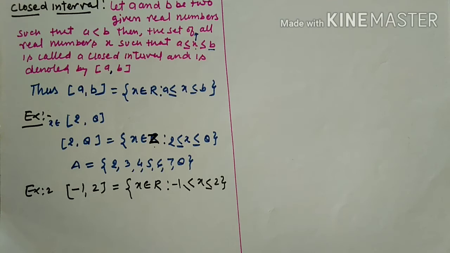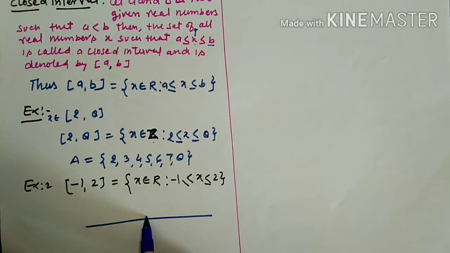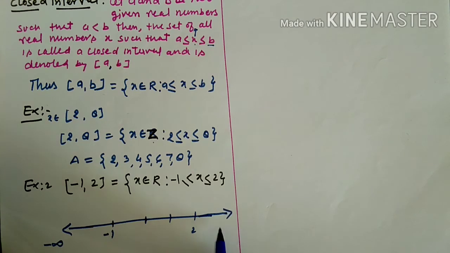Clear? So if we can draw a number line for this, we can write it as this is the number line. Suppose this is -1, this is 1, this is 2. So if we move further, we will get minus infinity, and in this direction we get plus infinity.